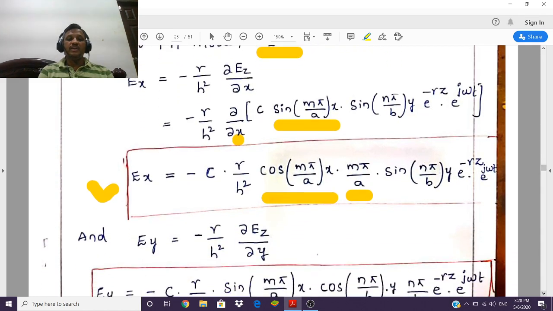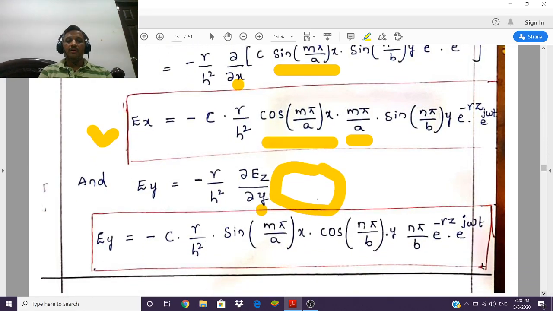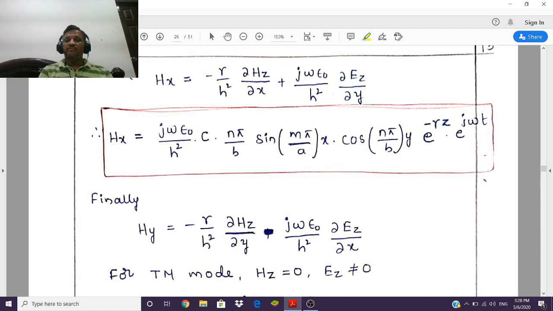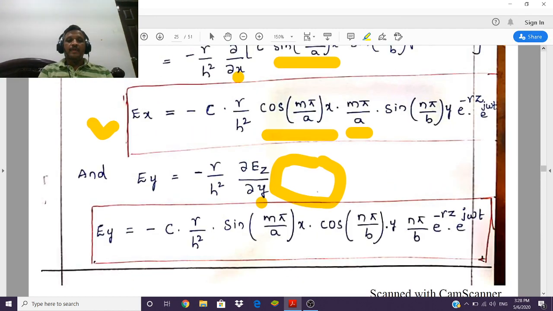Here it will be y and that will be x. Anyway, the second term which I have not written will be 0, because for transverse magnetic mode of propagation that term will be 0.